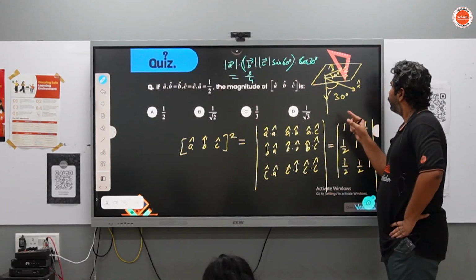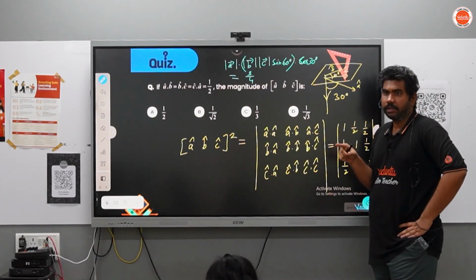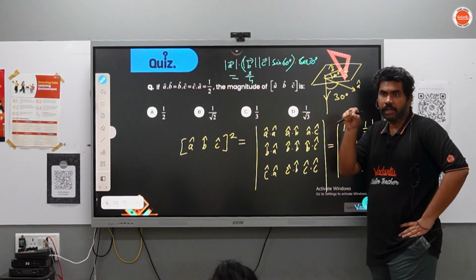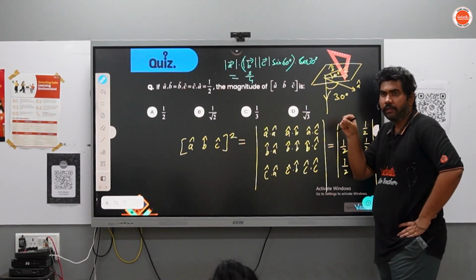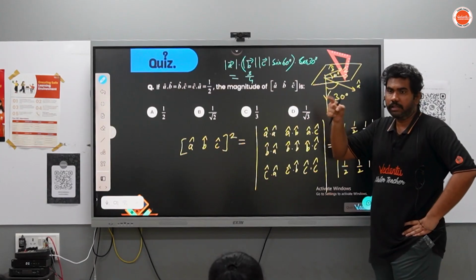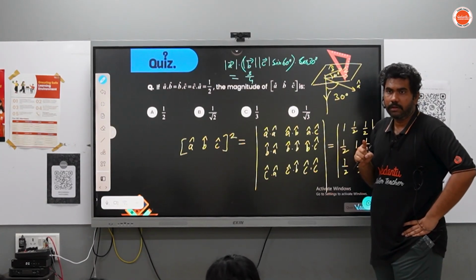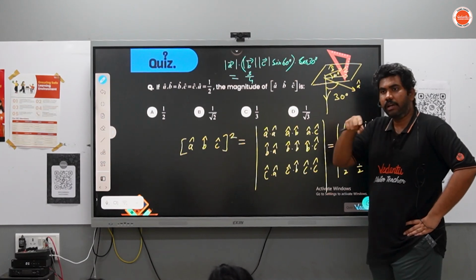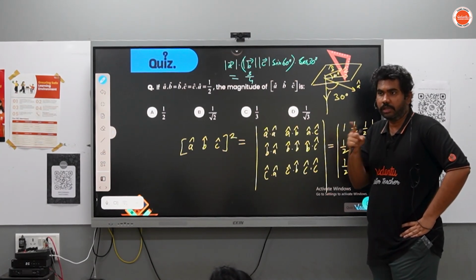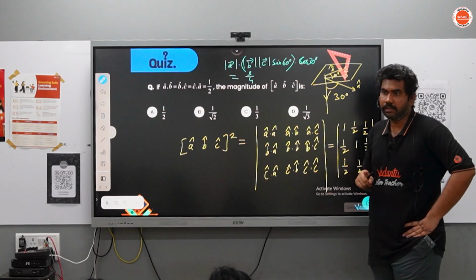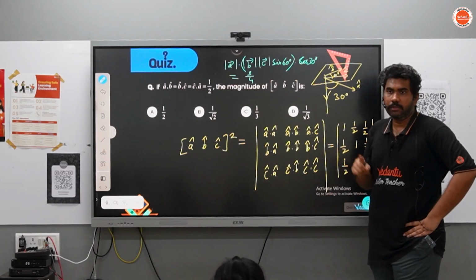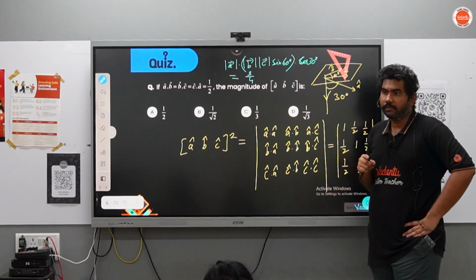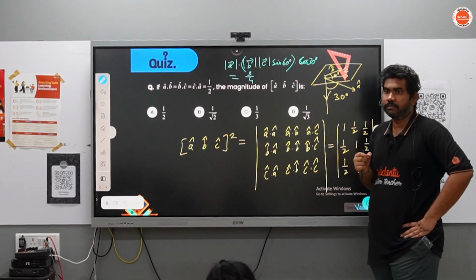We cannot take A and B, right? We have to take the angle made by the vector A with the plane containing B and C, and that is not equal to the angle made by the A vector with B alone. Right? Both are different. Yes, that was the point. So in that case we don't know what is A dot B cross C. Okay, so this way you cannot do.